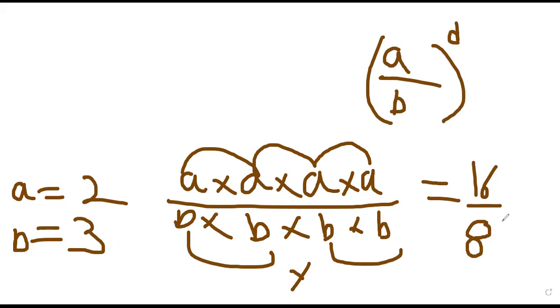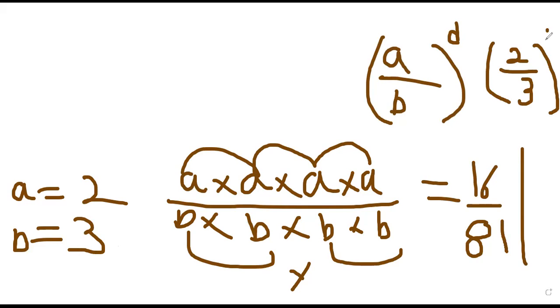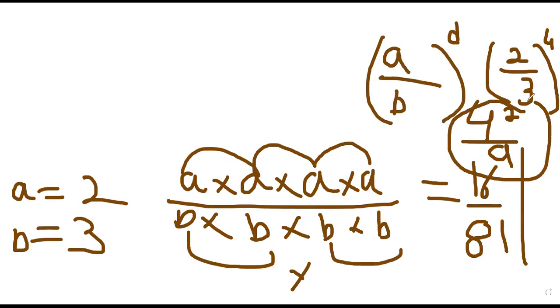It will be 16 by 81, which is nothing but 2 by 3 whole raised to 4. Understood? Or you can even write 4 by 9 whole square.